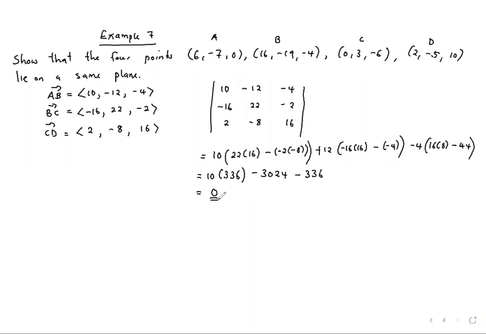Make sure that you have a line that connects all the points. Then you get the vectors in between, and then compute the determinant. If the determinant is 0, then you get the conclusion that these points lie on the same plane.